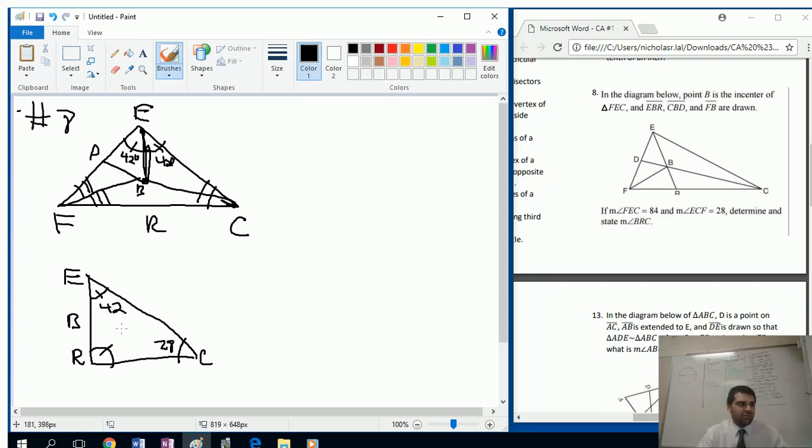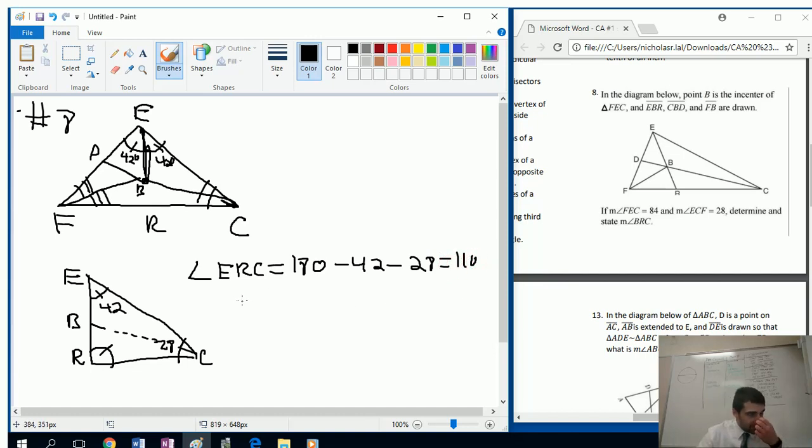And we're going to have our B as well. So the measure of angle ERC is going to be equal to 180 minus 42 minus 28, which is going to be equal to 110.